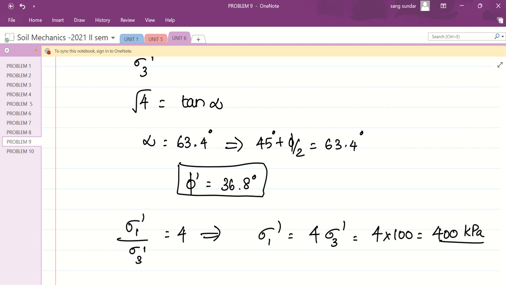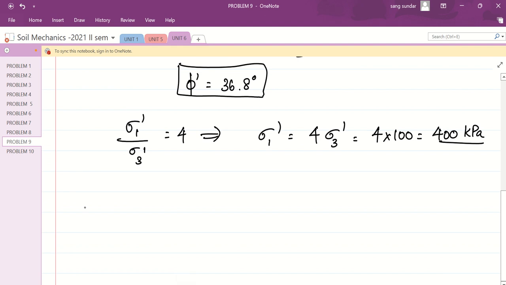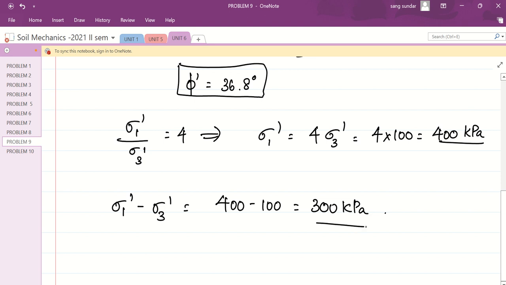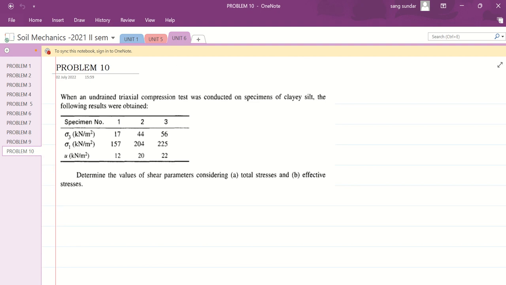If this is 400 kPa, how much will be the difference then? Sigma 1 dash minus sigma 3 dash is equal to 400 minus 100, which is just 300 kPa. Fine. Now, this is the answer. We'll move on to the next question.